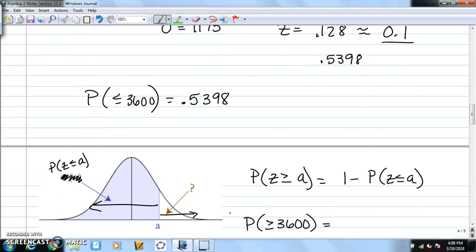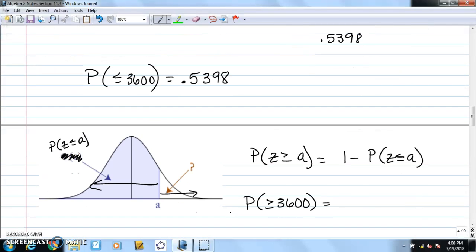Again, this is why that worked on the scores. Whatever you have to the right or left of a target score, the other part has to be 1 minus that. So this is your probability that it's less than or equal to A; then 1 minus that would be the probability that it's greater than or equal to A. So if I know this is the probability that it's less than or equal to 3,600, what's the probability that their debt is greater than or equal to 3,600?